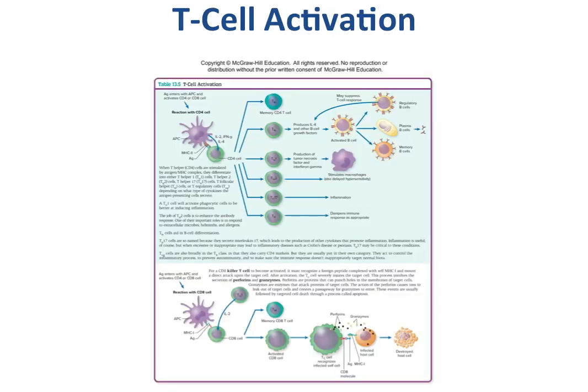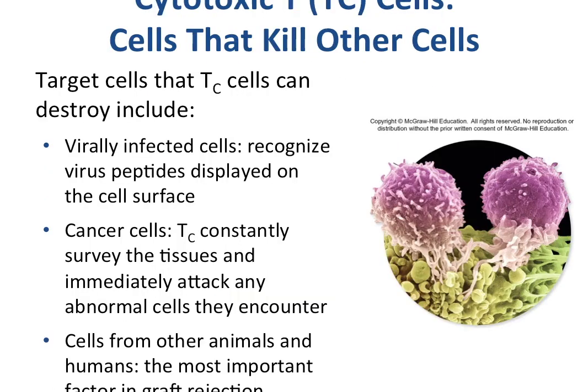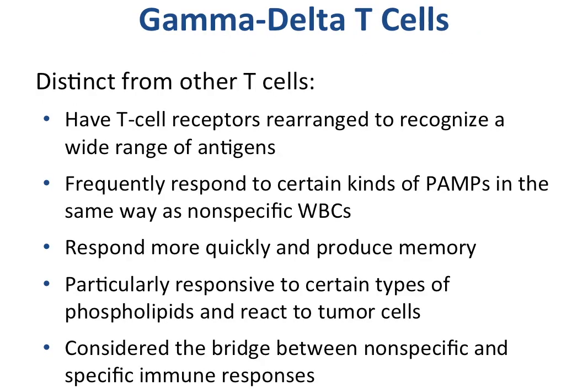So here we can see the T cell activation, and then the cytotoxic T cells. Cytotoxic T cells actually can kill the infected host cells or the cancer cells. They can attach to these cells and kill them. Gamma delta T cells also have T cell receptors.